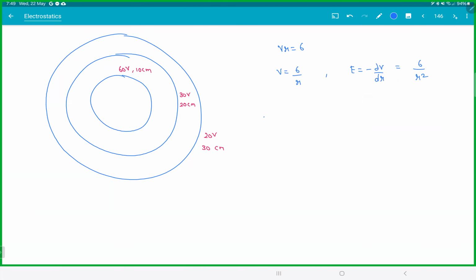That is one. Second alternate, you can argue this kind of potential is possible for only a point charge. Isn't it? This is a point charge or a hollow shell or something like that. These kind of surfaces are possible for a point charge or a shell or a solid sphere in the center.